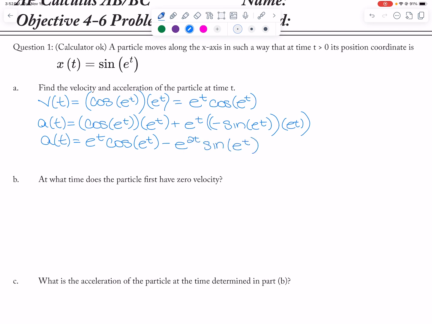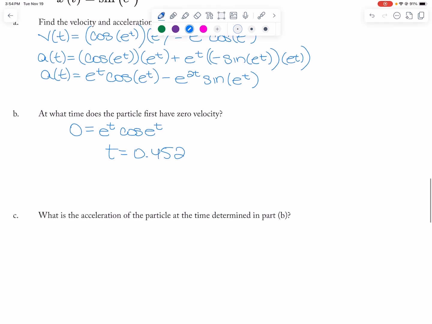Okay, so I want to know when the particle first has 0 velocity. So I'm going to set the velocity equation equal to 0. My calculator got me 0.452. And then I'm going to want my acceleration at that particular value of t.